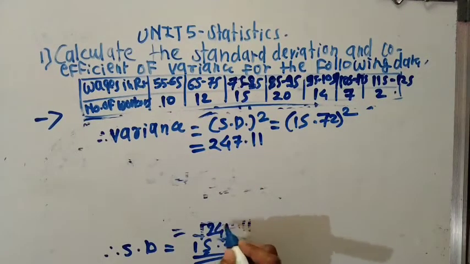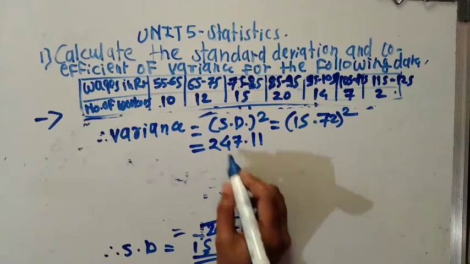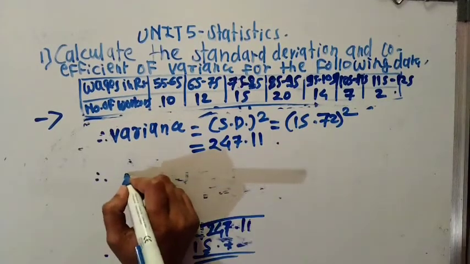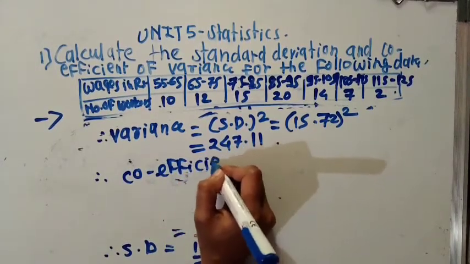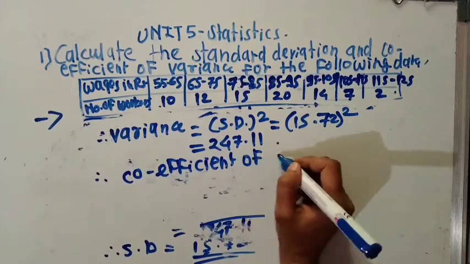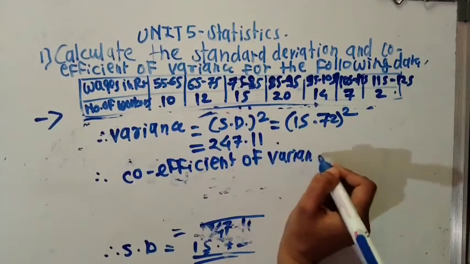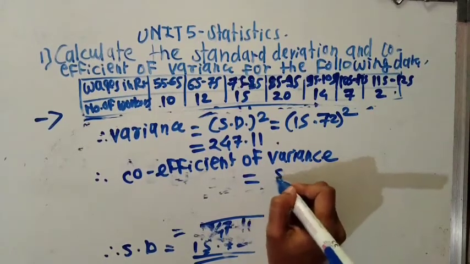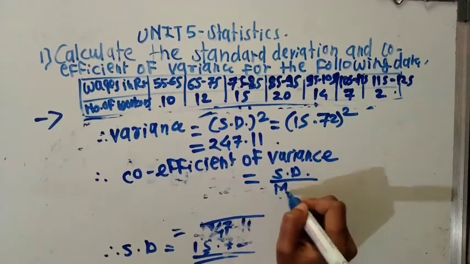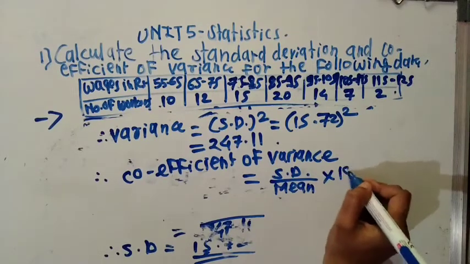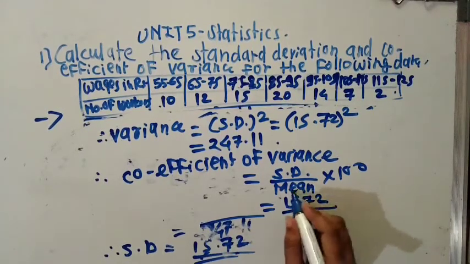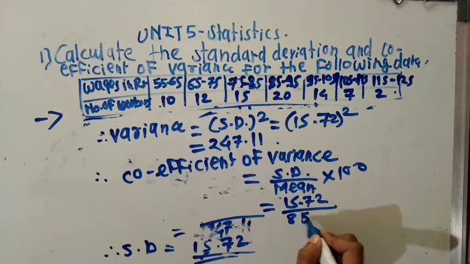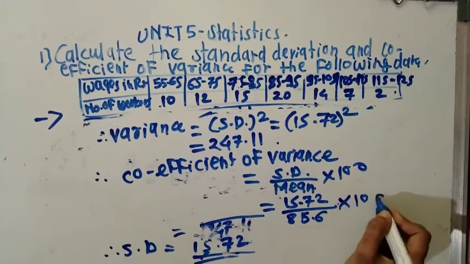The same value comes, the value that is in the root is the variance. Then find out coefficient of variance is equal to standard deviation upon mean into 100. So standard deviation is 15.72 upon mean 85.6 into 100.